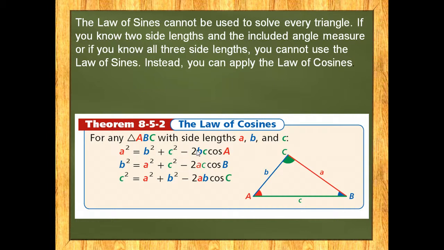And then minus always 2 times their product times the cosine of the angle that goes with the side you're looking at. Same with b. It starts with b, it ends with b, with a and c, the other two sides, together in the other spots. c and C at the end, with a and b in the other spots.